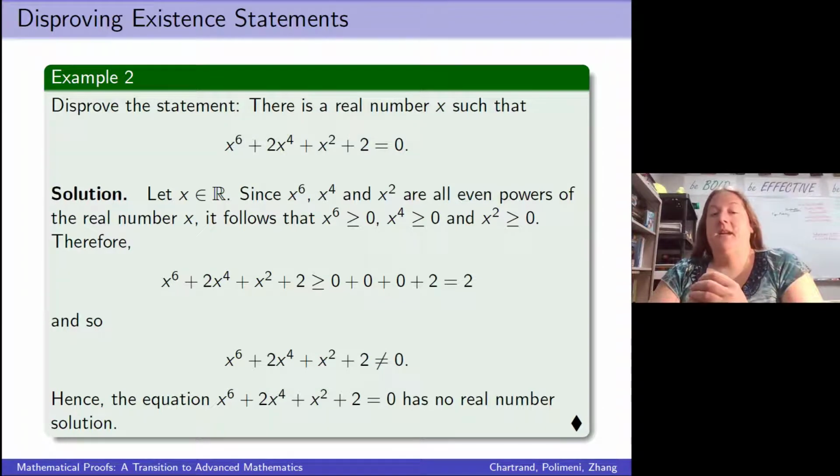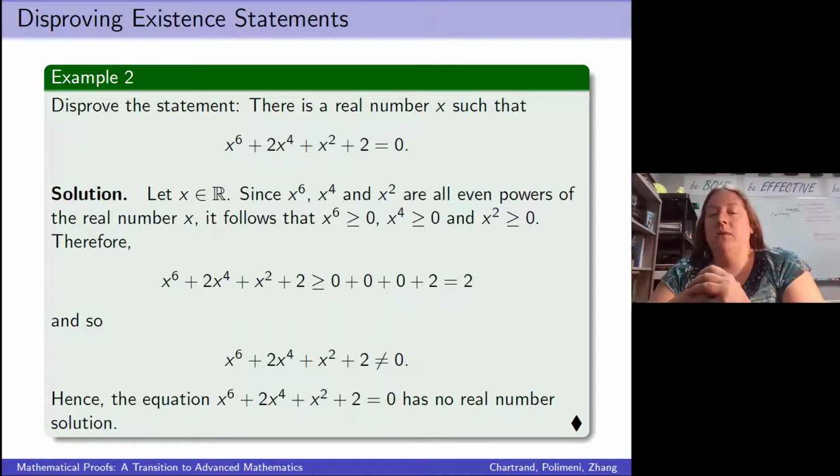Well, when I take a real number to an even power, like x to the 4th, x to the 6th, x squared, all of those are going to be greater than or equal to 0, depending on my real number. But positive numbers, at least 0.